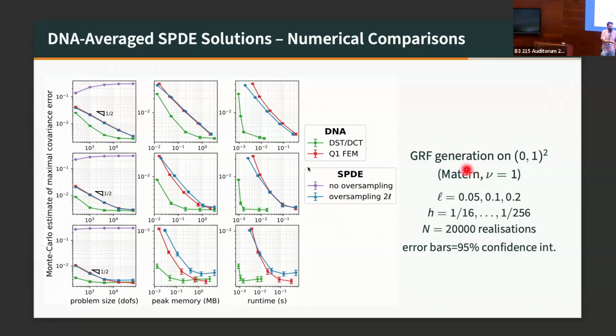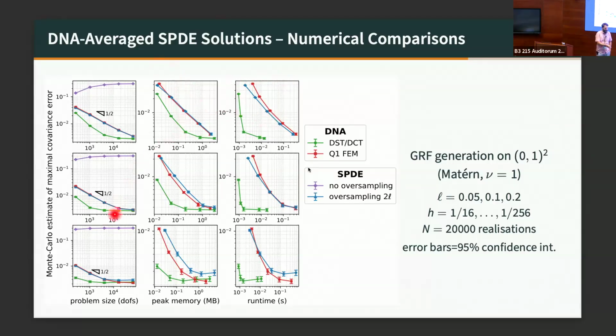Okay, what do we see? If we start on the right, it's simply bang for buck. It's just time. How much does it take you to do it? You see the longer the correlation length, on the more interesting, larger meshes, you clearly have a benefit from doing the DNA. For the intermediate or shorter correlation length scales, at some point the oversampling is not necessary or is not very heavy, so it doesn't cost you much.